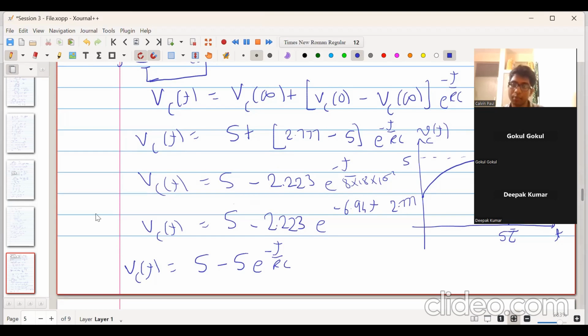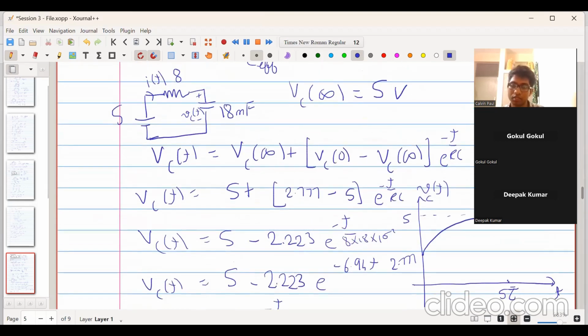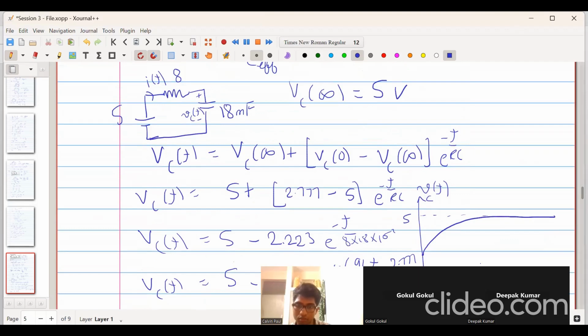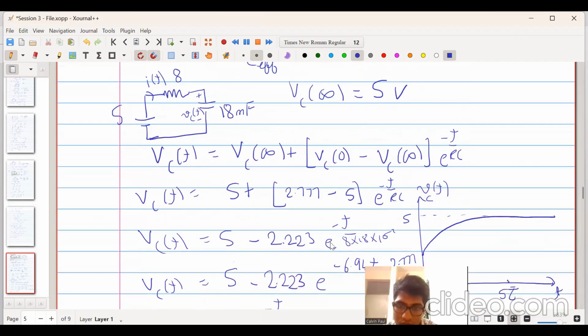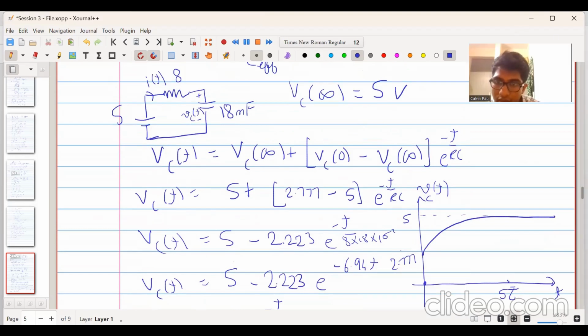In such a case, the graph will also be something similar. The graph will start at 0 because the initial voltage was 0, and it will rise like this, and it will again settle around 5 volt.